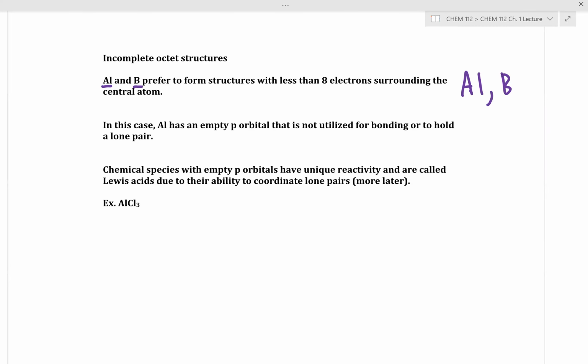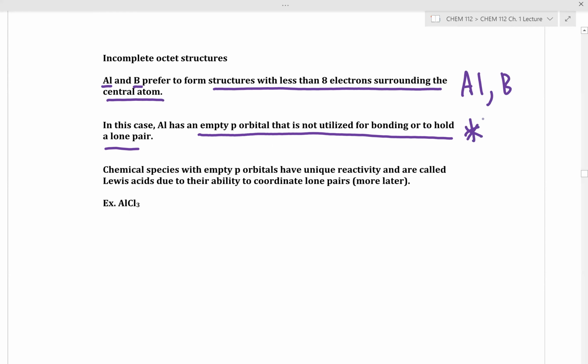As their name implies, they form structures with less than 8 electrons surrounding the central atom. Now, the key feature of many incomplete octet structures is that they will have an empty p orbital that is not utilized for bonding or to hold lone pairs. Just remember this idea of an empty p orbital, and we'll draw it out in a moment.